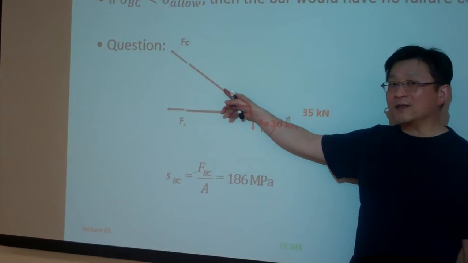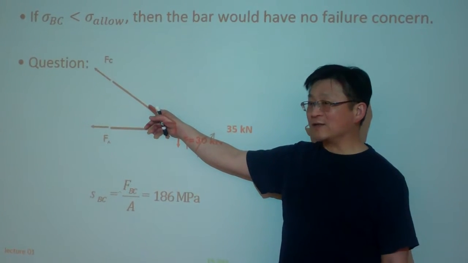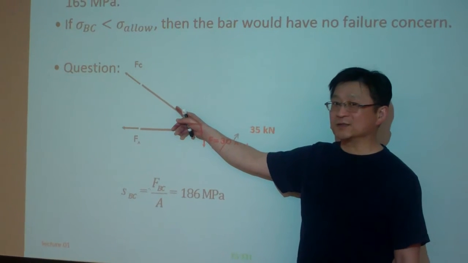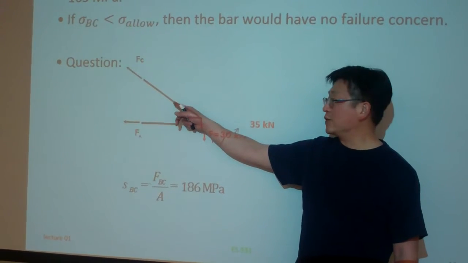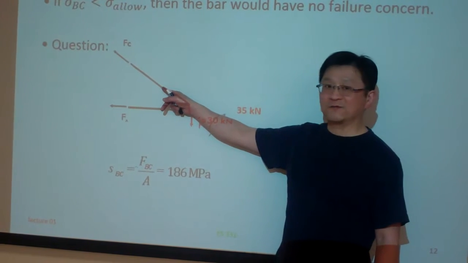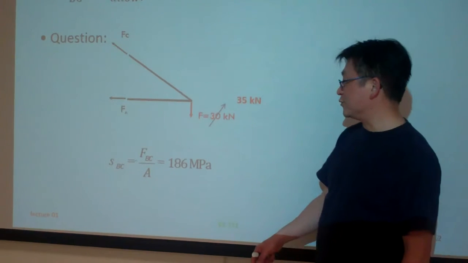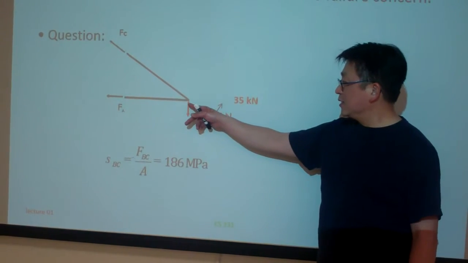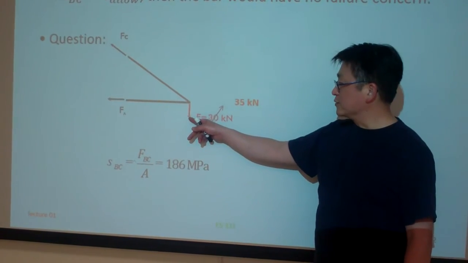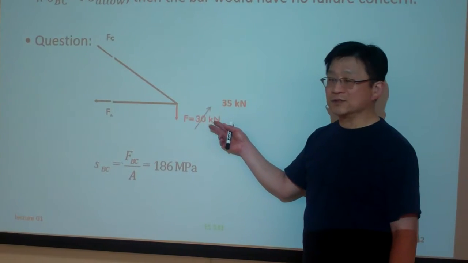We don't know when the material here would fail, but right now it deteriorates your confidence in the design, because in your design you chose the maximum allowable stress as 165. So you might consider reducing the loading from 35 to maybe 31 or 32.